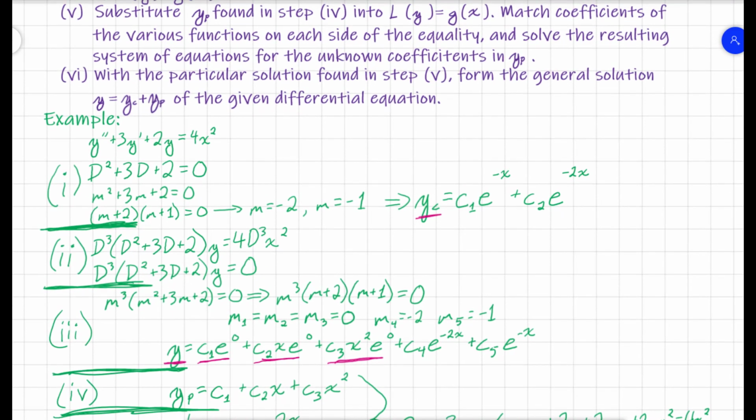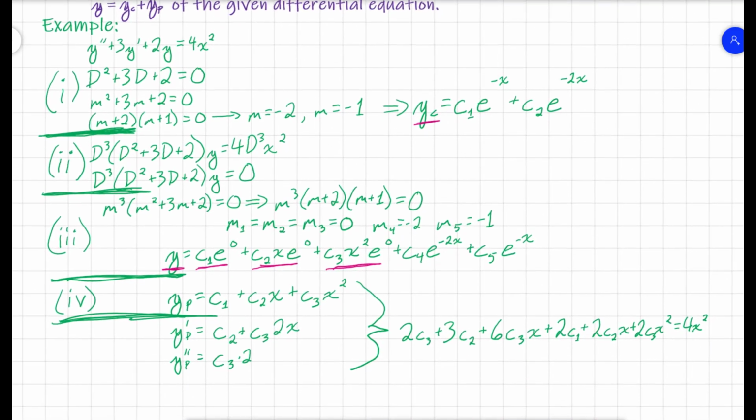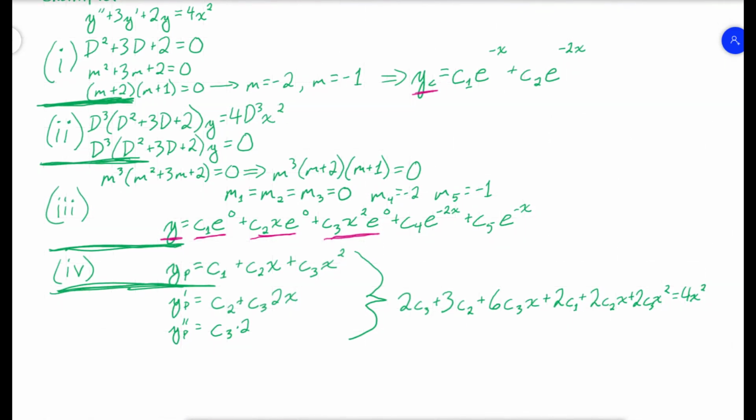So I've done the part where it says to substitute this in. Now it tells me to match coefficients of the various functions on each side of the equality and solve the resulting system of equations. When it tells me to do that, what it's telling me to do is to say, what are the powers of x here? So I have 4x squared, and I have 2c3x squared, and no other x squared terms.